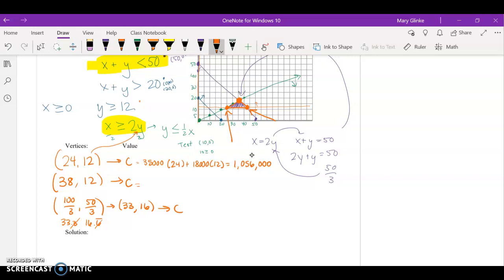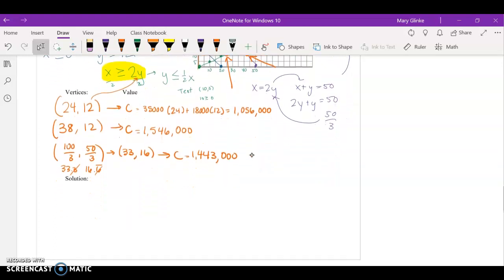Next one, you plug in 38 and you plug in 12, you're going to get 1,546,000 for your operating costs. And the last one, we plug in 33 and 16 to get 1,443,000 for your cost. And this one was looking to minimize your costs.